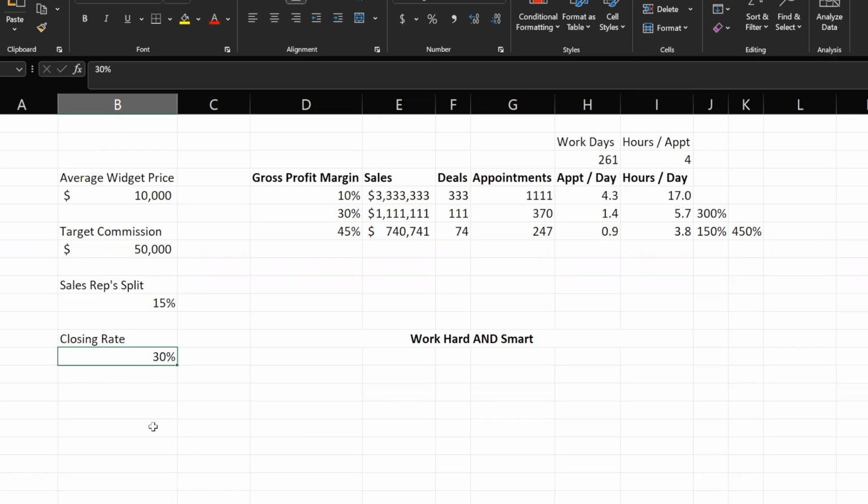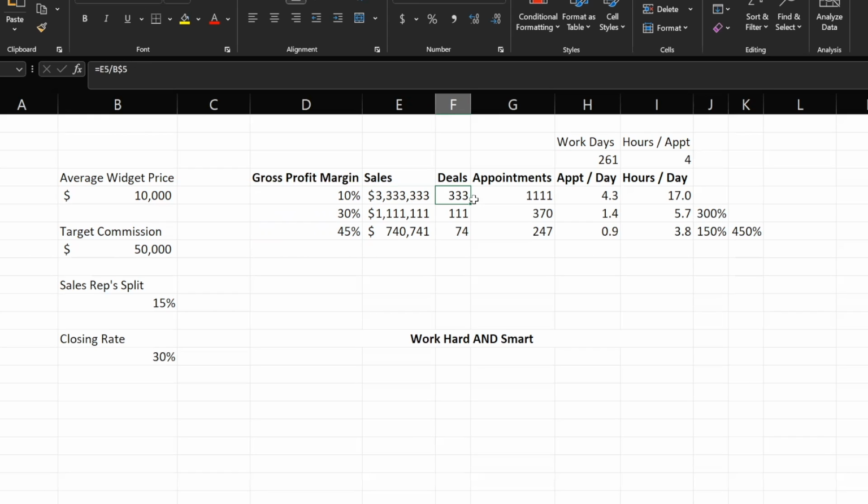So now let's look at the different gross profit margin of that widget or that product or that service that you're selling. If that widget is sold at 10% gross profit margin, you would have to sell over 3 million in order to make $50,000. That means you would have to sell over 300 deals.